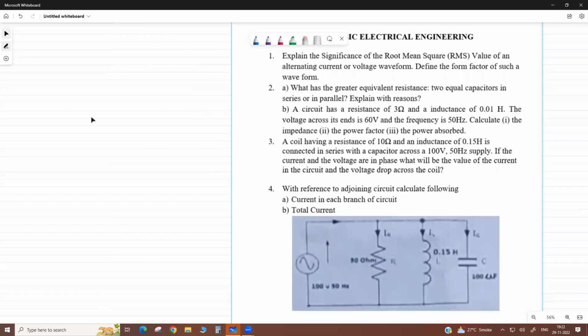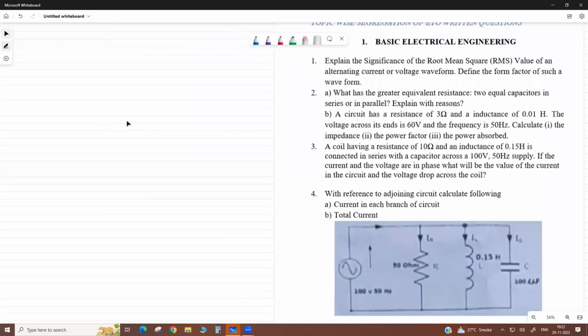Because now the questions have increased. Earlier it was only these questions, but now we have to cover a lot of things. It is asking reactance, actually, when two capacitors are in series or parallel. So let us complete it, not an issue.